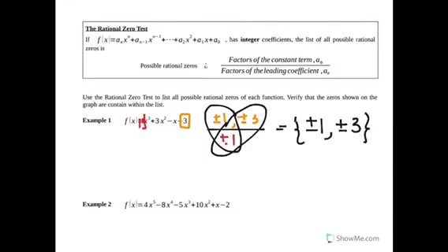So how do you verify that one of these is going to work? Well, you have to use synthetic division, right? So let's try negative 3 and just verify that negative 3 works. So if I put in negative 3, this would be 1, 3, negative 1, negative 3.